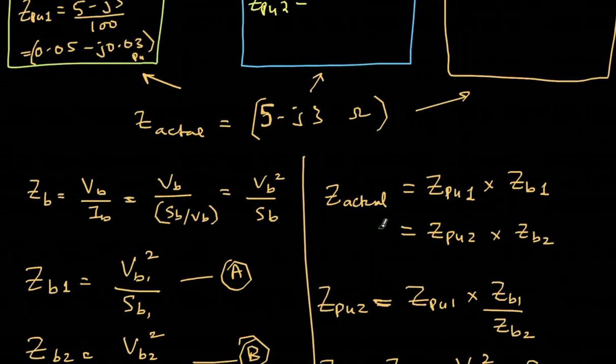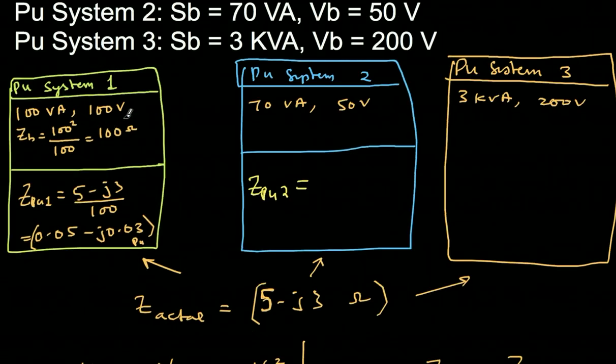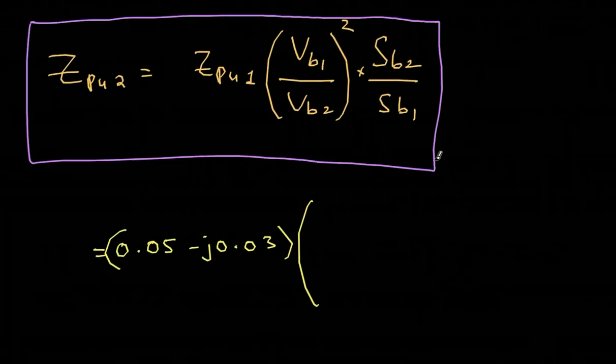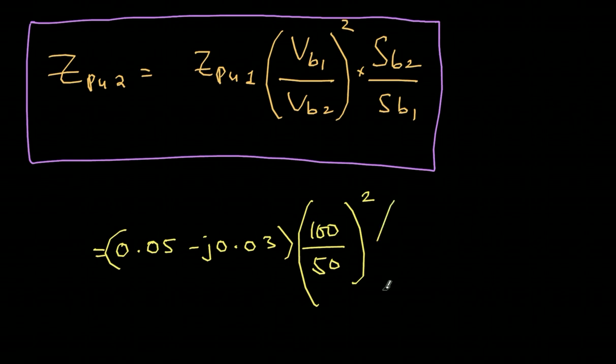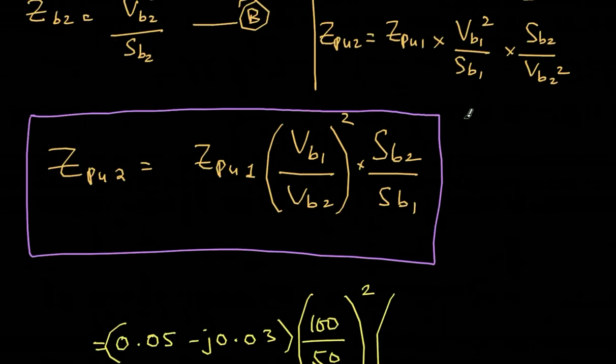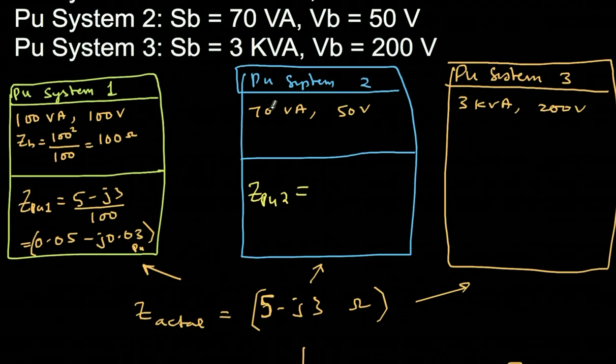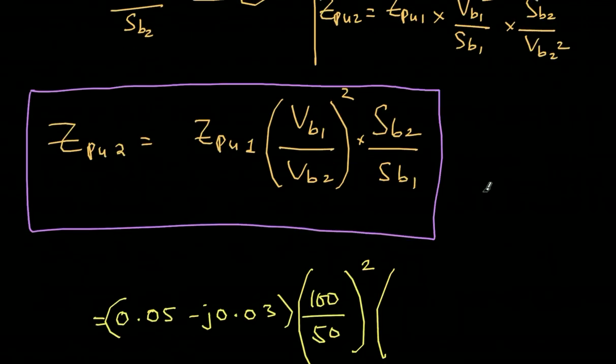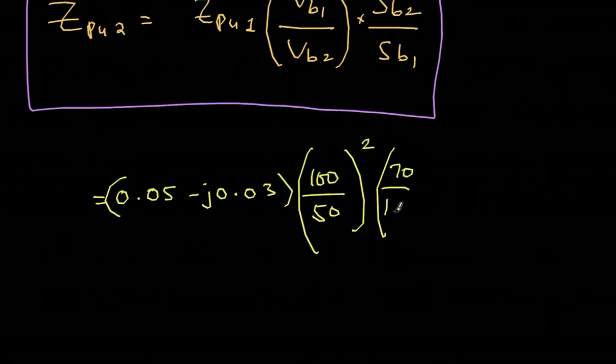What was the base for the first system? 100 volts. Base for the second system is 50 volts. So 100 by 50 whole square. Then SB2 by SB1. What is the S base for the second system? 70, and here it is 100. So this is multiplied by 70 by 100. This calculation will directly give me Z per unit 2.